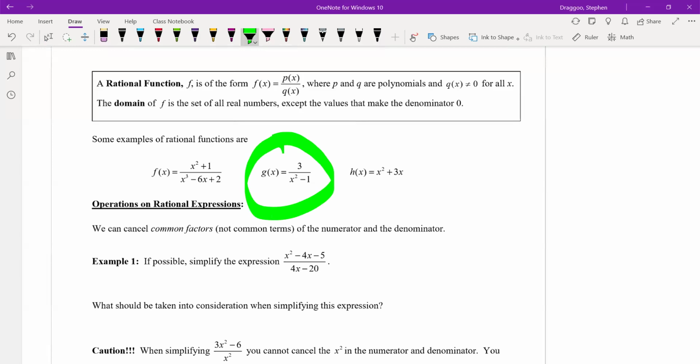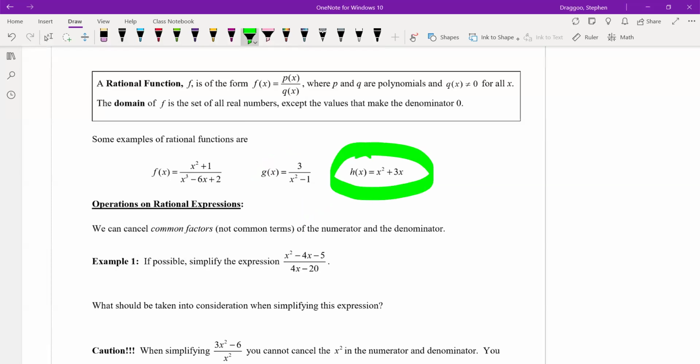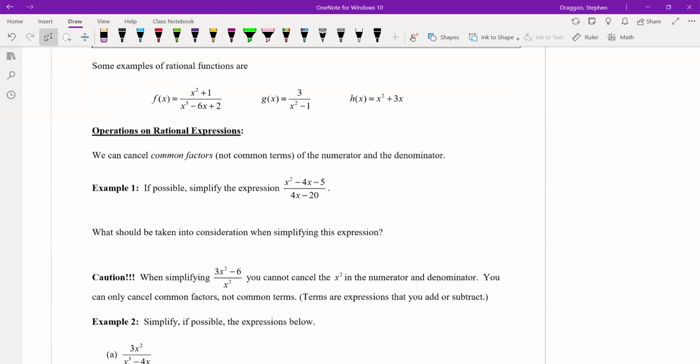This other one has a constant, which is a degree 0 polynomial, over degree 2. So it counts. And even polynomials themselves count as rational functions, since this is a polynomial over 1, and 1 counts as a polynomial because it is degree 0. Polynomials get to count as rational functions, though we're not really going to be studying them too much here because the other parts are going to be more interesting.